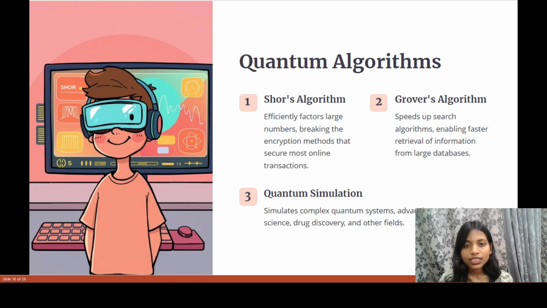Grover's algorithm can speed up search tasks dramatically. Quantum simulation. Quantum computers can simulate complex molecules, helping in drug discovery and material science, leading to major advancements in medical and technology.